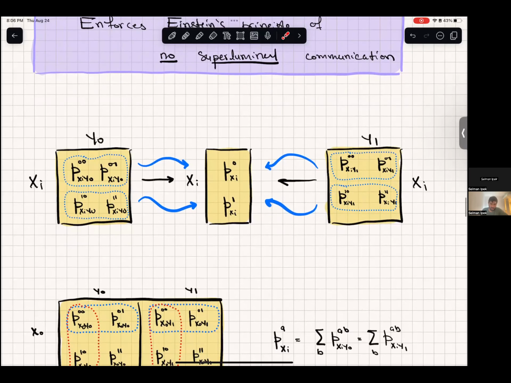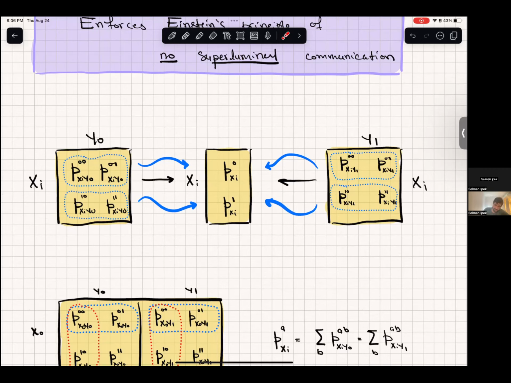Namely, the way that this is done is, suppose you have some setting of Alice, xi, it could be x0 or x1, and there's some tabulated probabilities and statistics, but all that Alice ever sees is her particular statistics. That is, on her end, she only sees some distribution of zeros and ones.